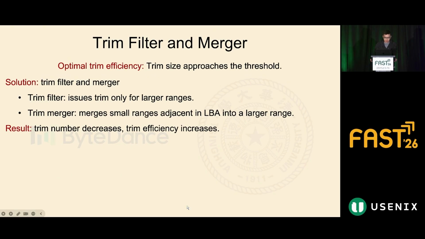Based on the observations above, we implement trim filter and merger in the UFS. The filter issues trim only for larger ranges. This reduces the number of trims without increasing trim latency. Trim merger merges small ranges adjacent in LBA into a large range, which can be trimmed by one command.